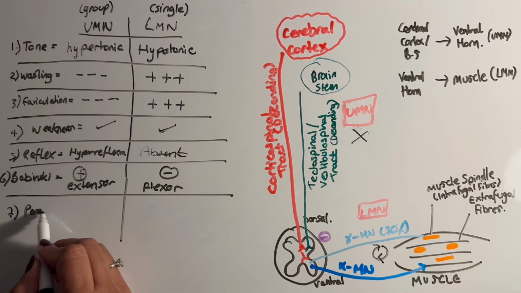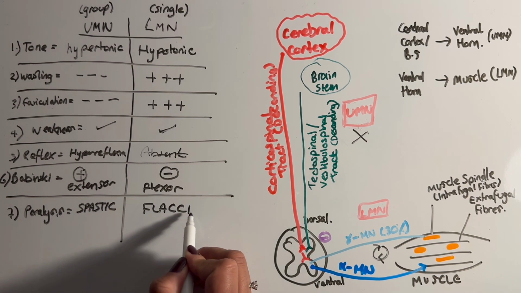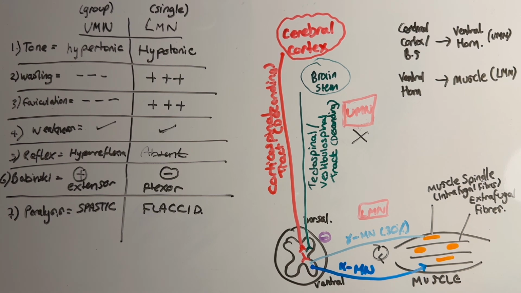And when it comes to paralysis, we say that the upper motor neuron is spastic, whereas lower motor neuron is flaccid. Some examples of upper motor neuron lesions are multiple sclerosis or a stroke, including ischemic or hemorrhagic. In lower motor neurons, we have Guillain-Barré syndrome, or we have poliomyelitis.